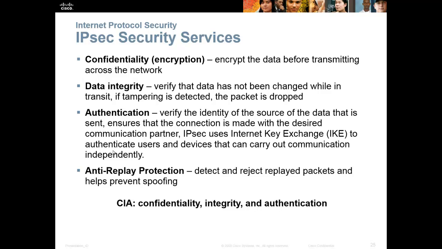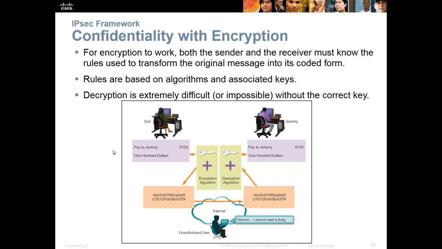Alright, then some basics. For encryption to work, both the sender and the receiver must know the rules. And the rules are based on algorithms or associated keys. So in this case, Gail uses her key, and she's going to take this transaction, pay to Jeremy $100, and she's going to encrypt it. And it looks like this, big gobbledygook.